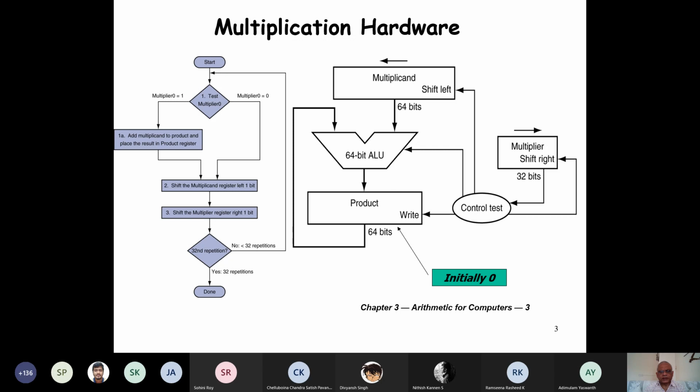If it is 1, then enable the ALU, add the multiplicand to the product, and then shift the multiplicand register left 1 bit, shift the multiplier right 1 bit, and continue this. So for each bit here in the 32-bit multiplier, we'll have to shift 32 times. So there will be 32 repetitions here.